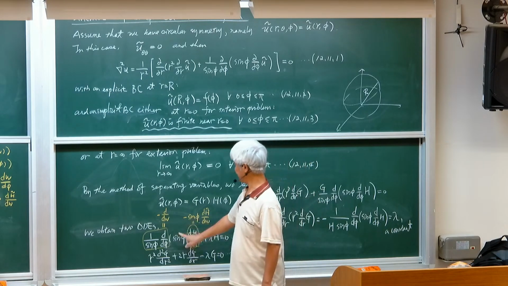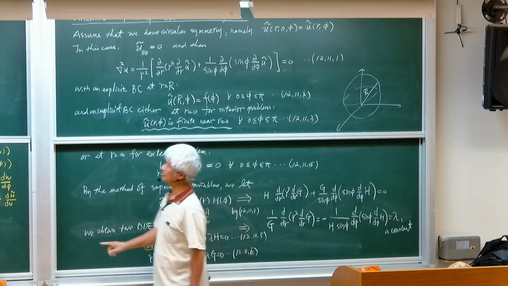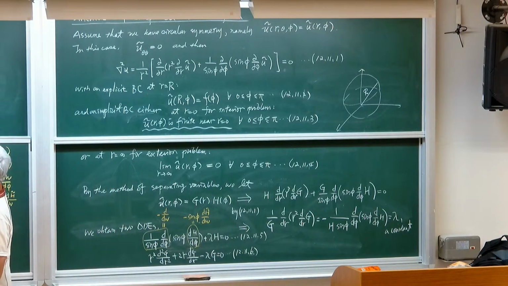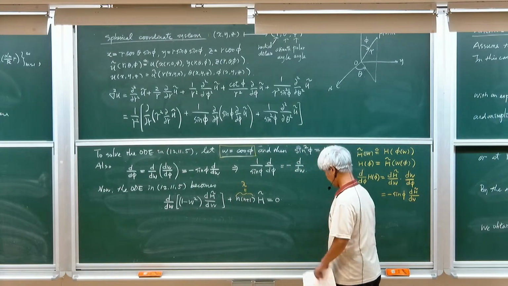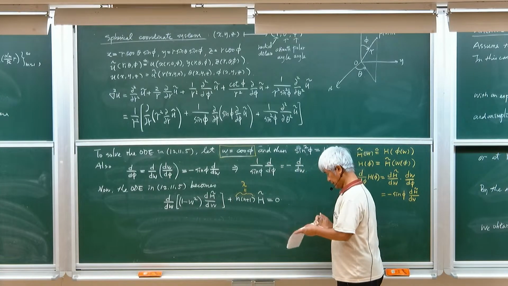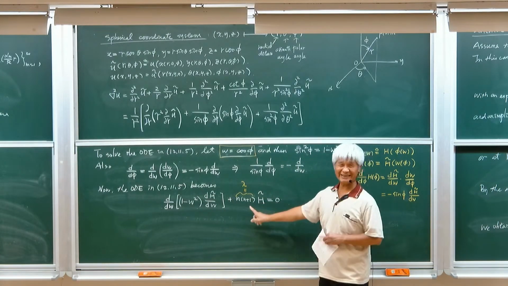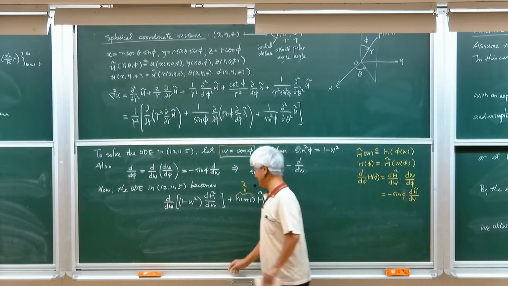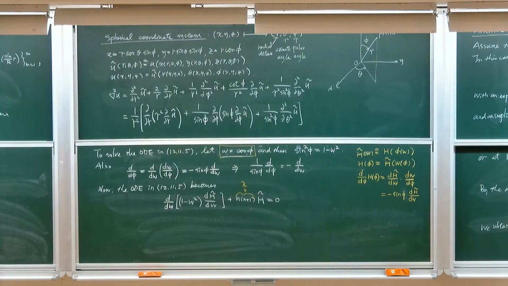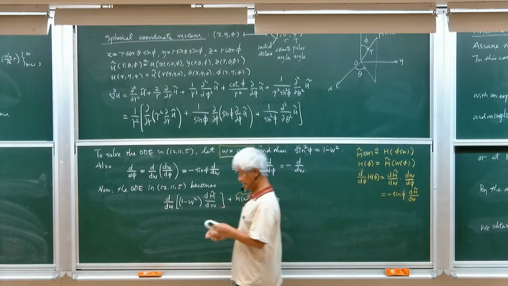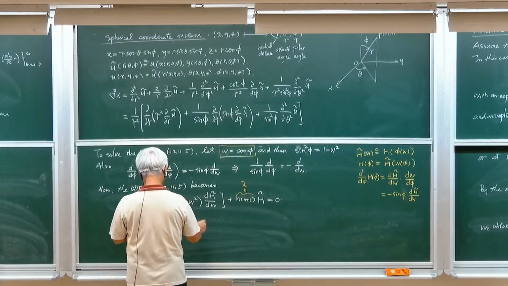So we have the square of sine phi, but the square of sine phi is 1 minus w. So this is 1 minus w here. Okay. And what is this? So this is the famous Legendre equation, Legendre equation.